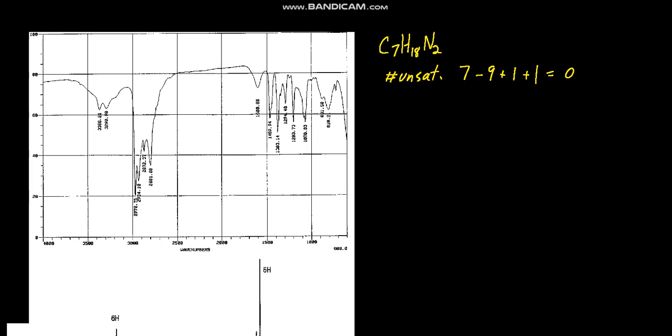C7H18N2, 0 unsaturations. Looking at the IR, anything pop out from the big four? And we know we have nitrogens.